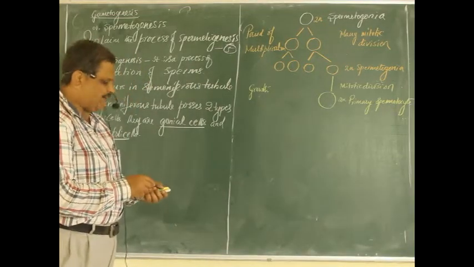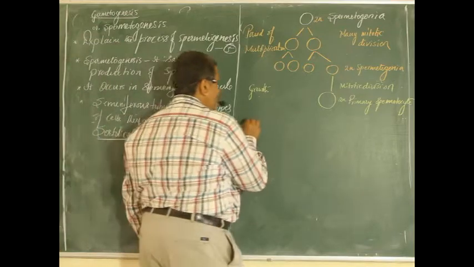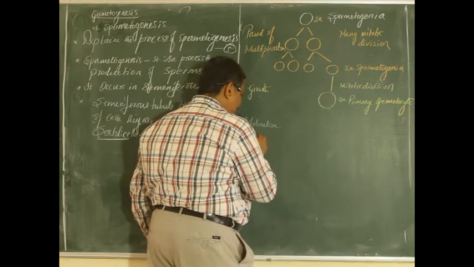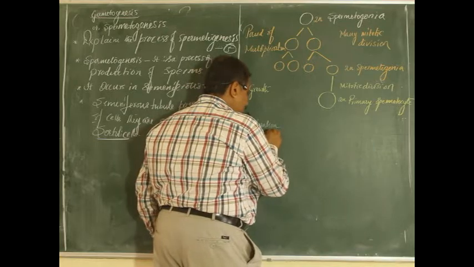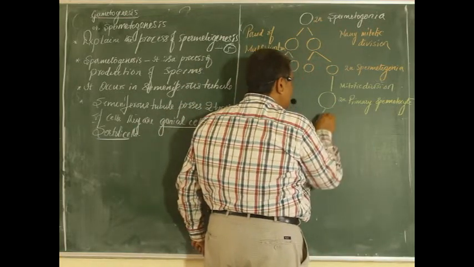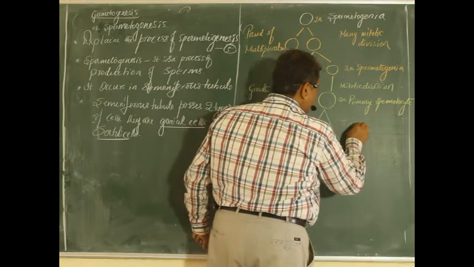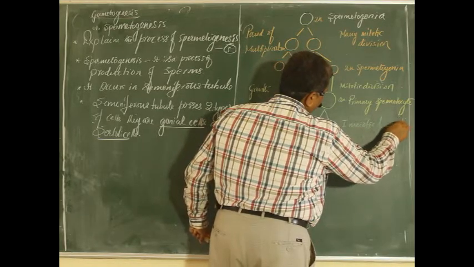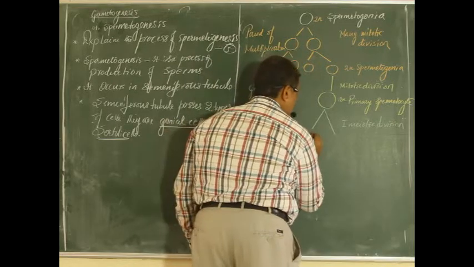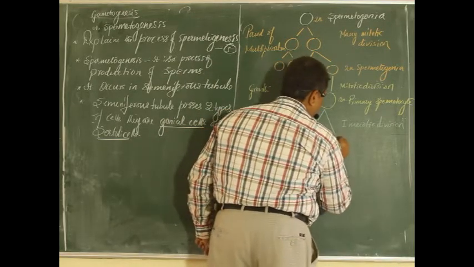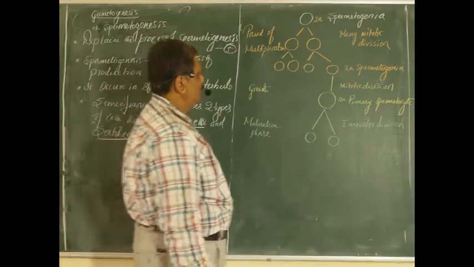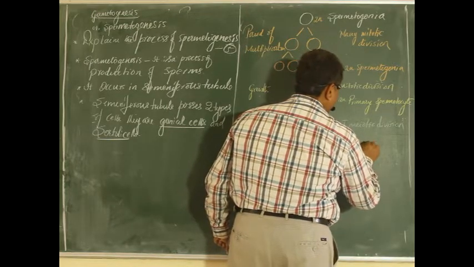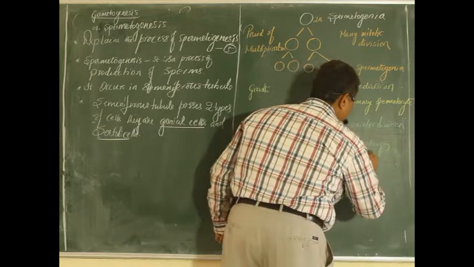This primary spermatocyte undergoes maturation phase during puberty, and after first meiotic division, it will produce haploid secondary spermatocyte.